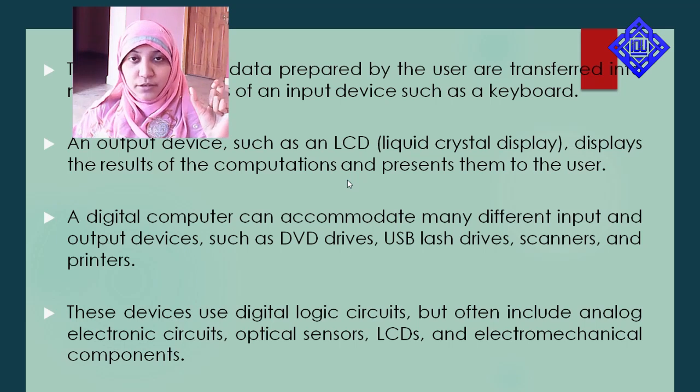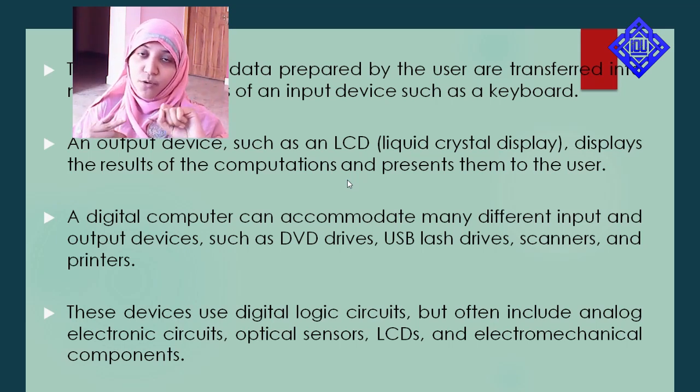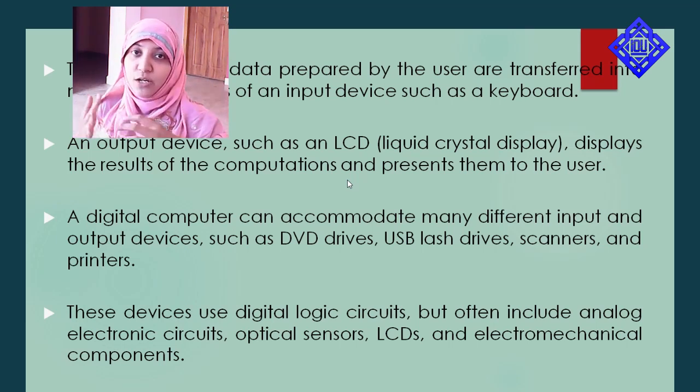This digital logic circuit is common for all the devices, and depending on what kind of device we are using, some may use analog signals, some may use electromechanical components, some may use optical sensors, and some may use an LCD screen. So depending on what instrument you are using, it differs.